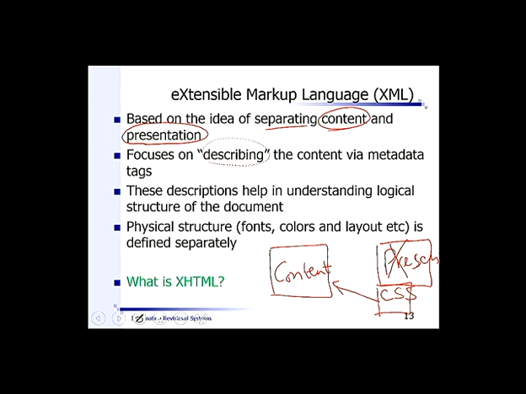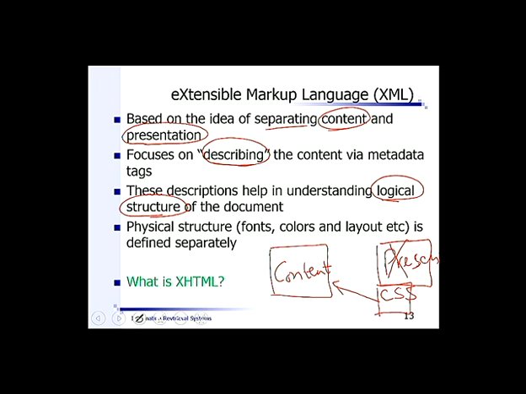These descriptions help in understanding logical structure of the document. So every document has a logical structure. Just like we now saw about a play, every play has a logical structure. Similarly, every document has a logical structure. So these descriptions, they help us in understanding the logical structure.